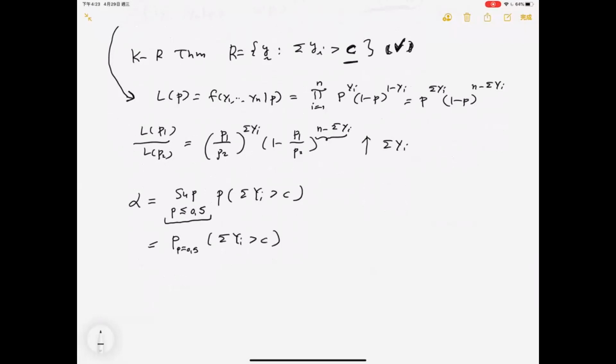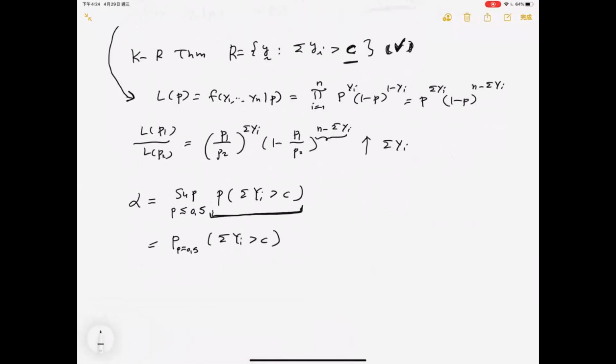I think 99.9% it is going to be on the boundary. But you might want to think about why, when p gets bigger, the whole probability gets bigger on the right hand side. So basically you are evaluating this probability.